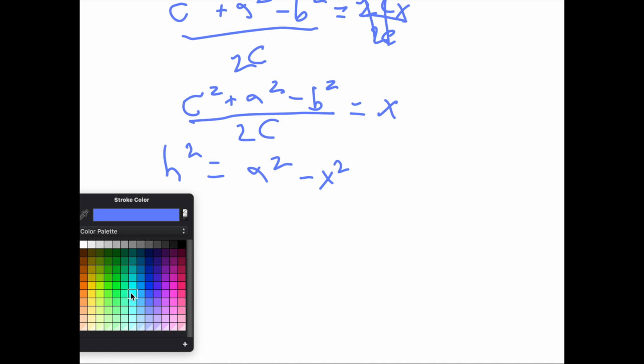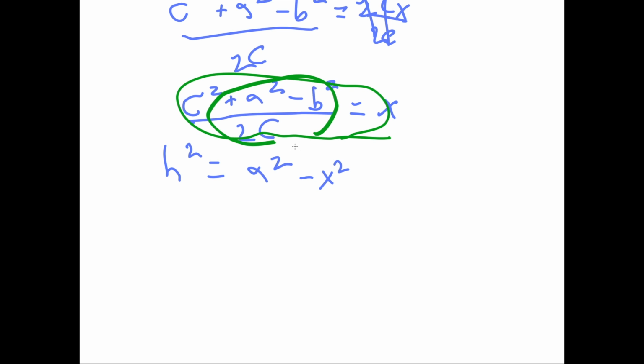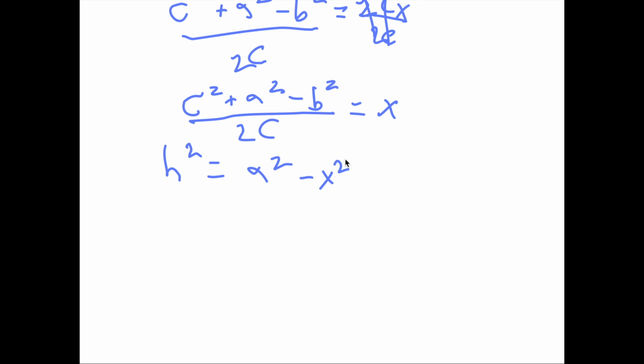Let's just switch colors arbitrarily, maybe dark green. Okay, anyway. If we insert what we know for x into the x in here, we get h squared is equal to a squared minus this whole stuff. I'll just copy and paste.